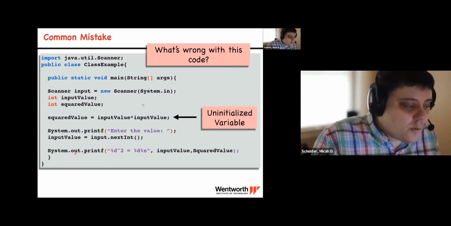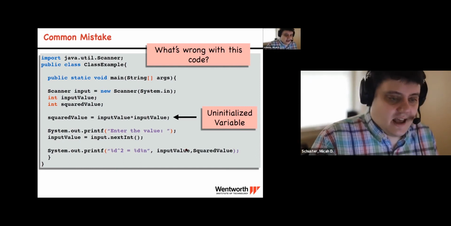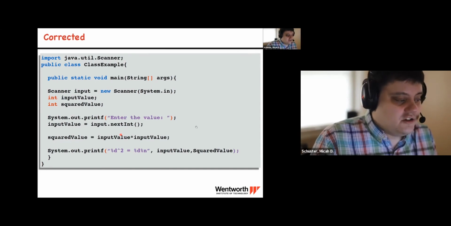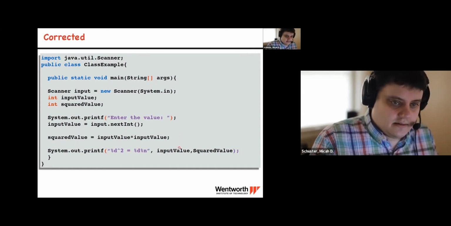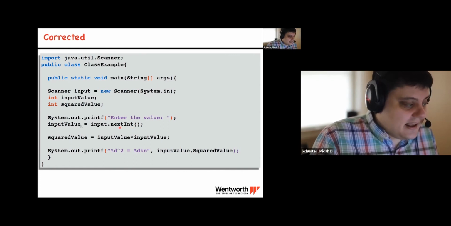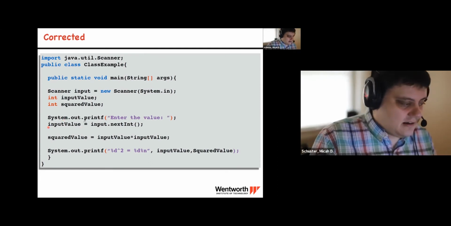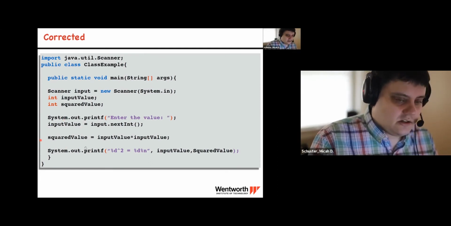So the proper way to fix this, to have this work the way that you intend, is to flip the input and the calculation line. The input here is where we get our value from the console. So the user types in a number, that gets stored in input value, and then we do the calculation.